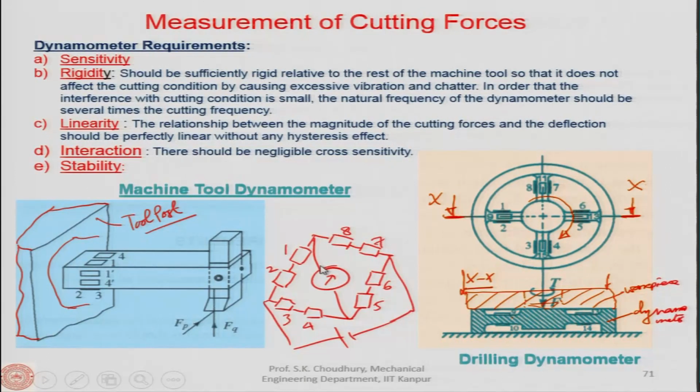Now, when the dynamometer has piezoelectric elements, of course, these elements will be connected to the preamplifier initially, the output of the piezoelectric elements, and after the preamplifier it will be amplified, and that signal normally goes into the personal computer, laptop or a PC, and in the PC you can see the curve which will show you on each axis Fx, Fy, Fz how the forces are varying with cutting time.